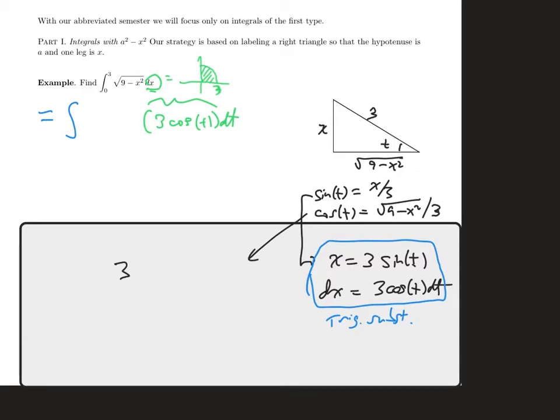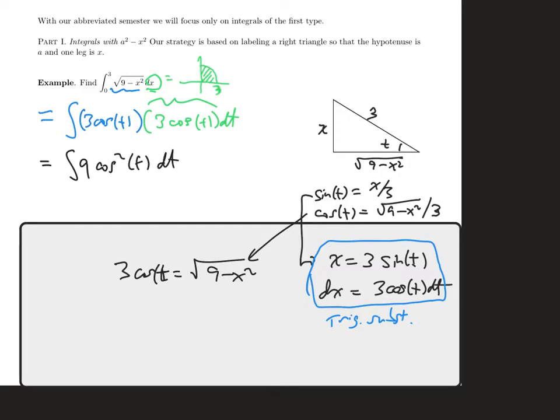I can see that 3 cosine of t is the same as the square root of 9 minus x squared. So this part of my integrand is just going to become 3 cosine t. So altogether, I have 9 cosine squared t dt.